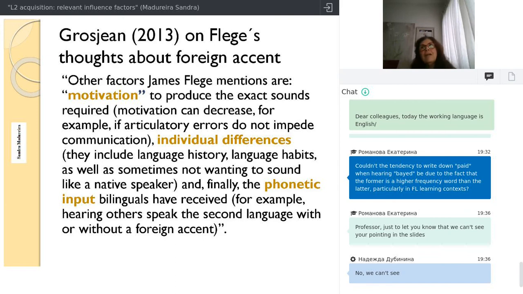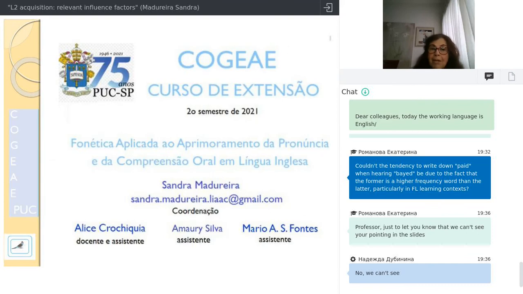I mentioned that one adult Brazilian speaker in one of the studies we have started learning English as an adult, and his performance was really native-like. What is this about? First, motivation is one of them. We do have motivation factors that also affect. It's not just the linguistic factors, the perceptual awareness, and so on. There are also individual differences. And there is something else that is important, that is the input that Flege gives so much importance.